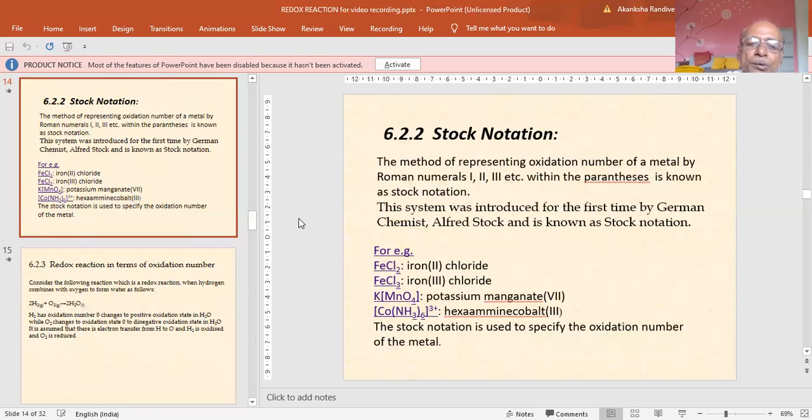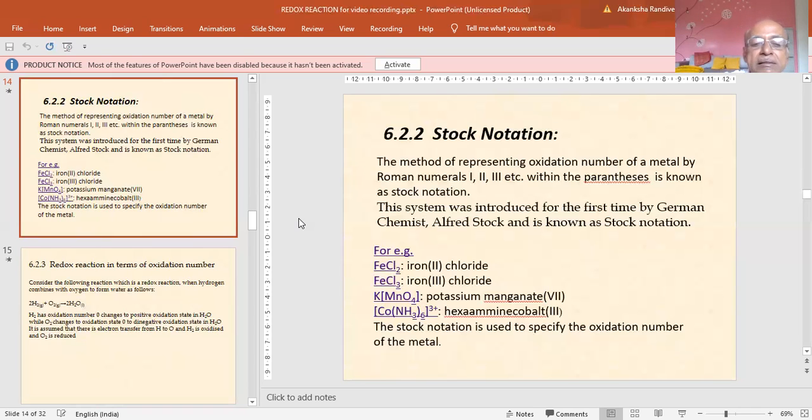So for potassium there is a +1 oxidation state, and for oxygen, there are 4 oxygen atoms. So 4 multiplied by -2 will become -8. So -8 plus the +1 for potassium will become -7. And therefore, the oxidation state of Mn will be +7.